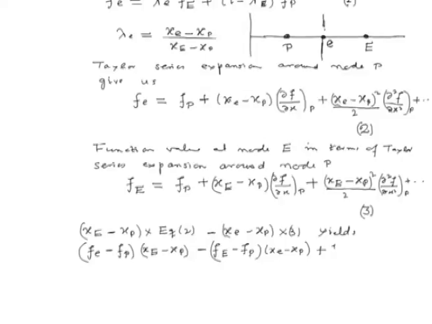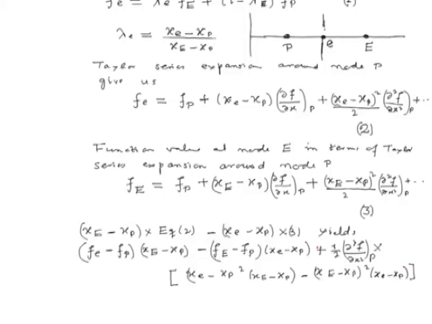So, plus 1 by 2 del 2 f over del x square at P multiplied by x e minus x capital P whole square into x capital E minus x P from equation 2, minus x capital E minus x P square into x small e minus x capital P. So, here we have this is equal to.